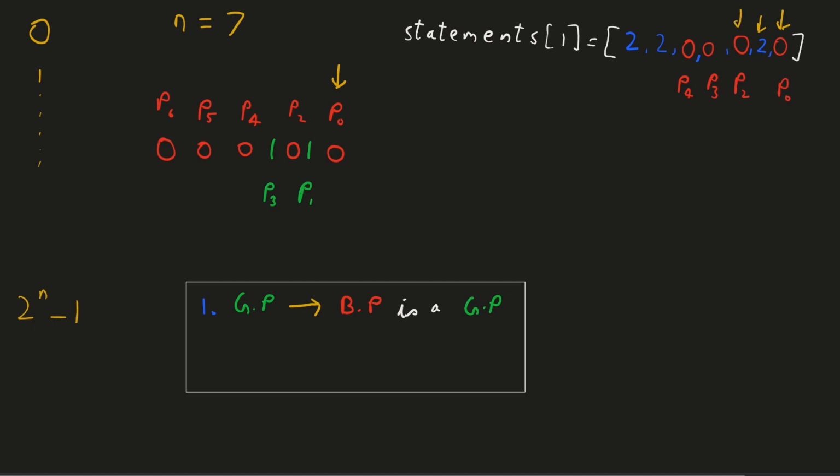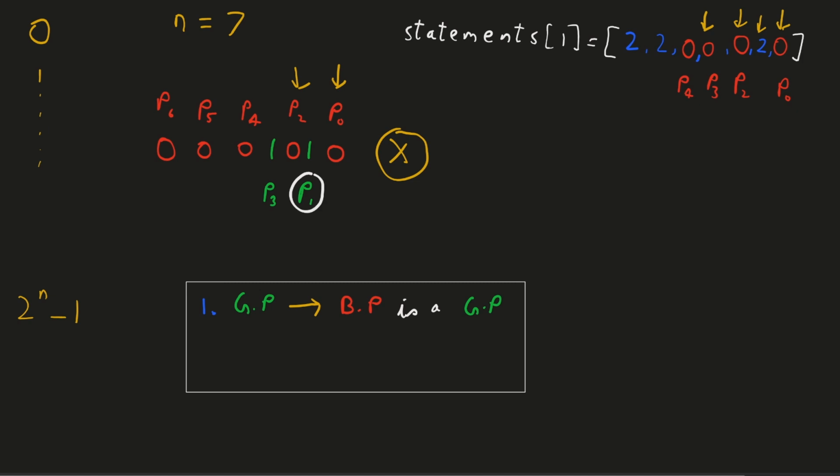He has stated that person 2 is a bad person. This is indeed the case. He has stated that person 3 is a bad person. But according to our original assumption, person 3 is a good person. Hence, this is a contradiction and our assumption is invalid.